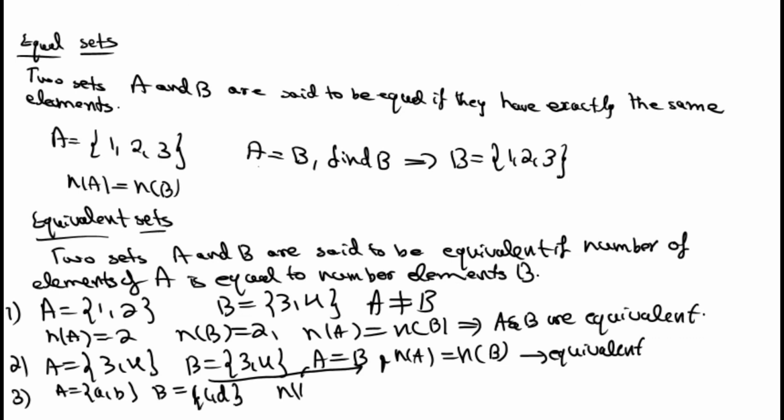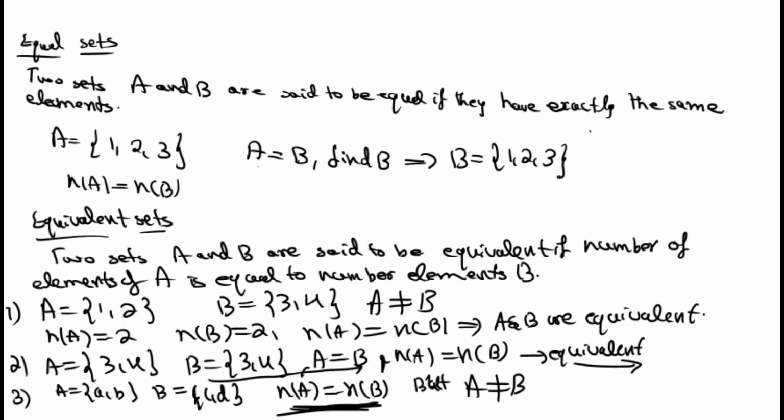Okay, n(A) is equal to n(B). Okay, but A is not equal to B. Here A and B are equivalent because n(A) is equal to n(B). That does not imply A and B are equal sets.